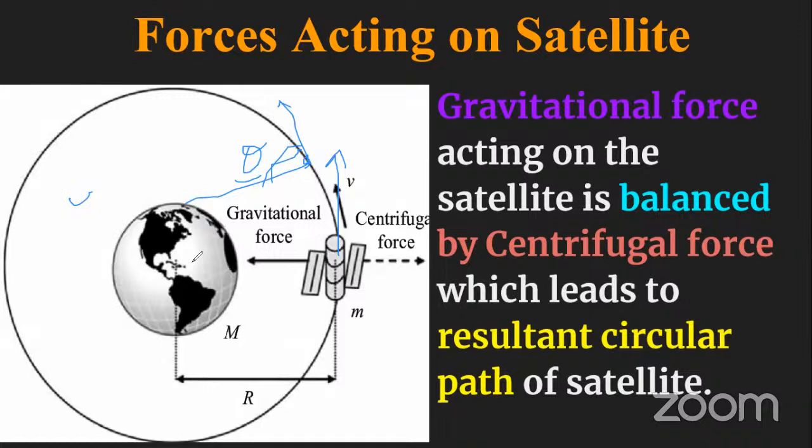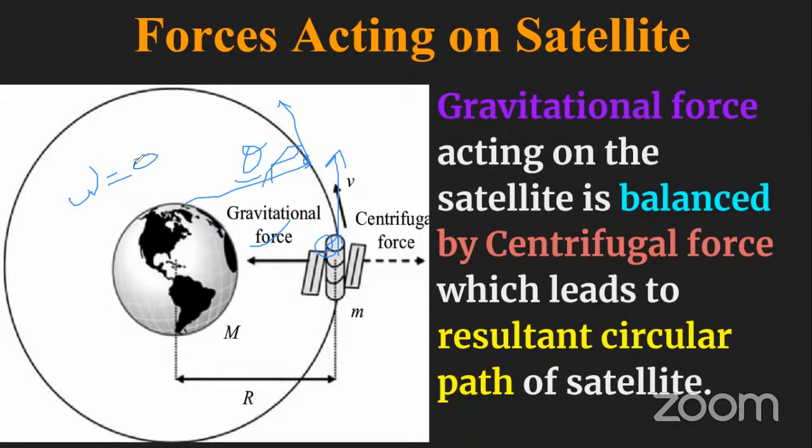So now if I put it into the formula, force into displacement into cos of 90 degrees, it becomes 0. Even if the force was non-zero, even if the displacement was non-zero, still the work done we got is 0.